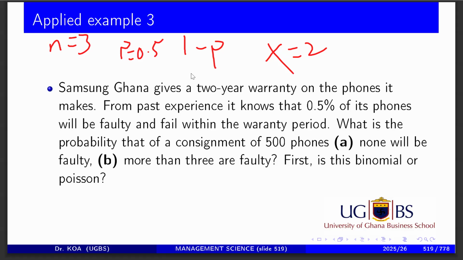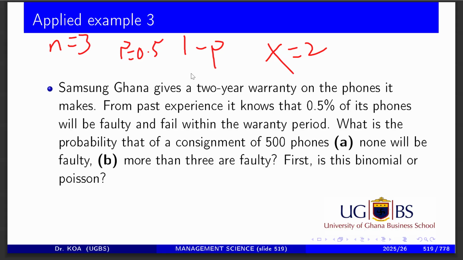So, since Samsung is saying 0.5% of its phones are faulty and will fail over the period, and we know the total number of phones, which is 500, to get the lambda, I multiply the 500 by 0.5%, which is 0.005, and I got 2.5 for the lambda. 2.5. That's your final answer. Yes, please. That's what I got. I believe so. Yes. It is correct.